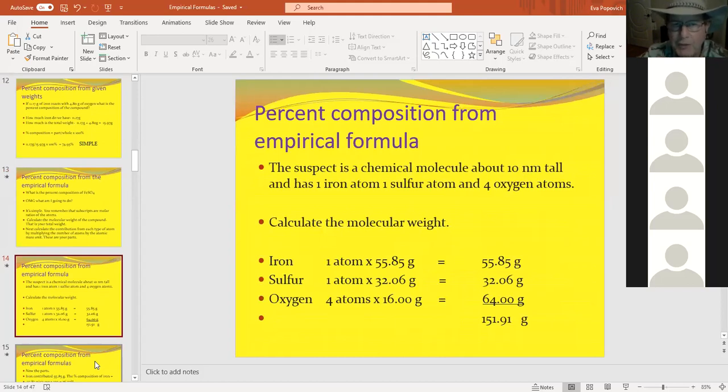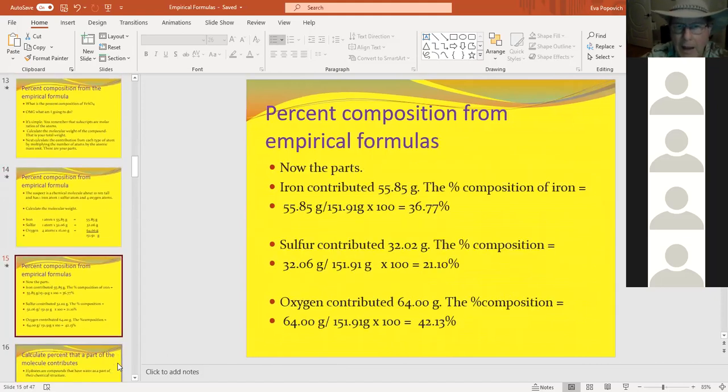I add everything up: 4 oxygens, 1 sulfur, 1 iron. The whole molecular weight adds up to 151.9 grams. So I divide iron's atomic weight by the molecular weight, I get 36.77.